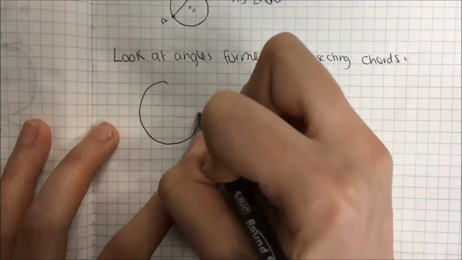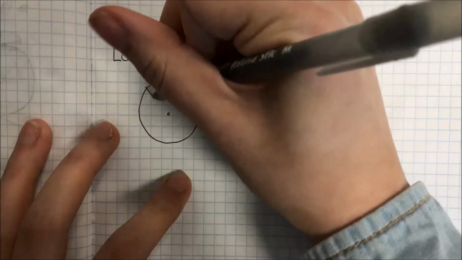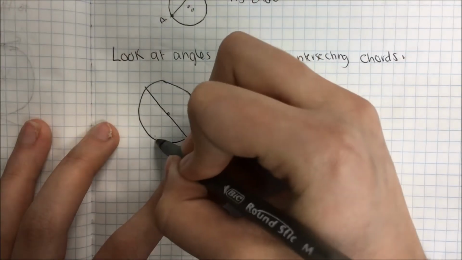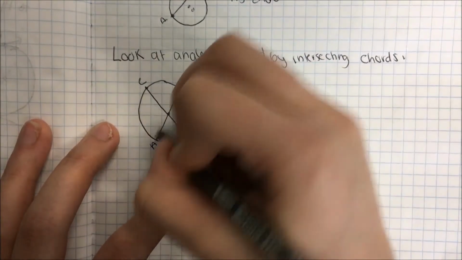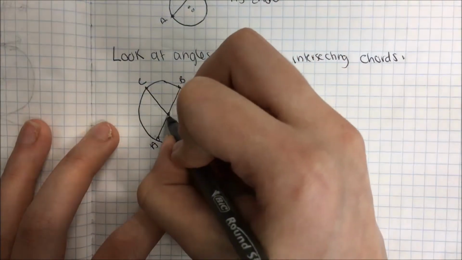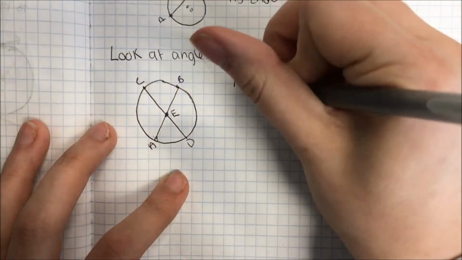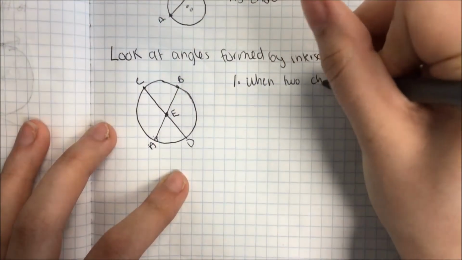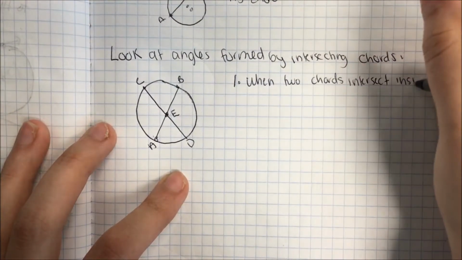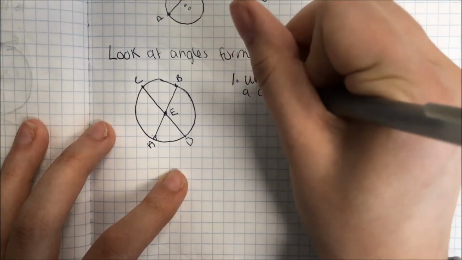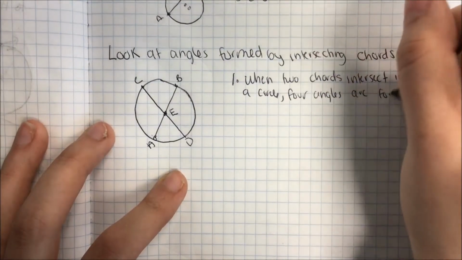So if we want to draw two intersecting chords, we have our circle. So we have chord CD and chord AB. When two chords intersect inside a circle, four angles are formed.